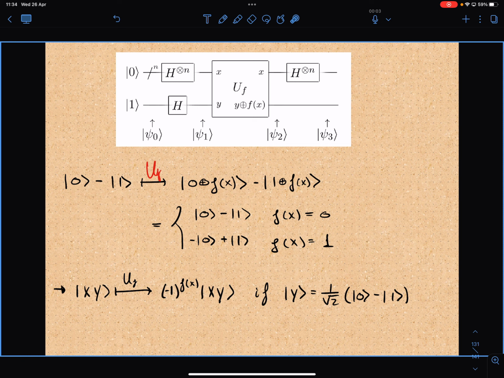If it was 0 plus 1, then the sign wouldn't change, and it would just stay the same. It would be the identity. But with 0 minus 1, if you add this phase factor, the sign actually changes and the action is non-trivial. So this is something important that's also coming into play for this quantum algorithm. That's going to switch the sign of the state if f of x is equal to 1.